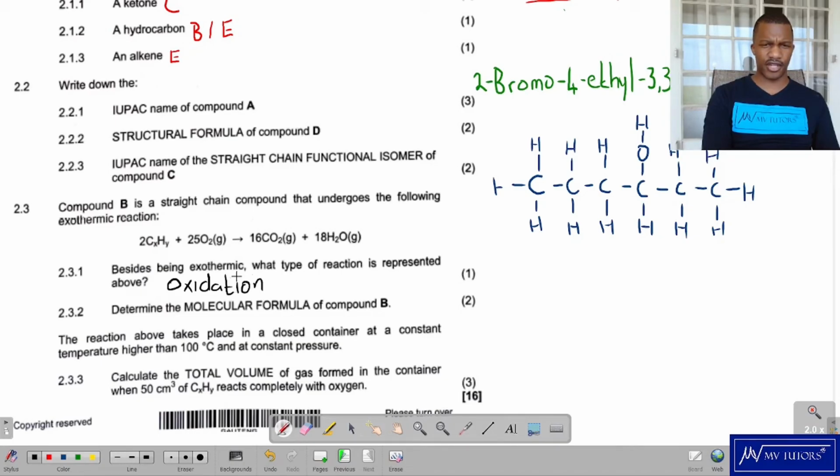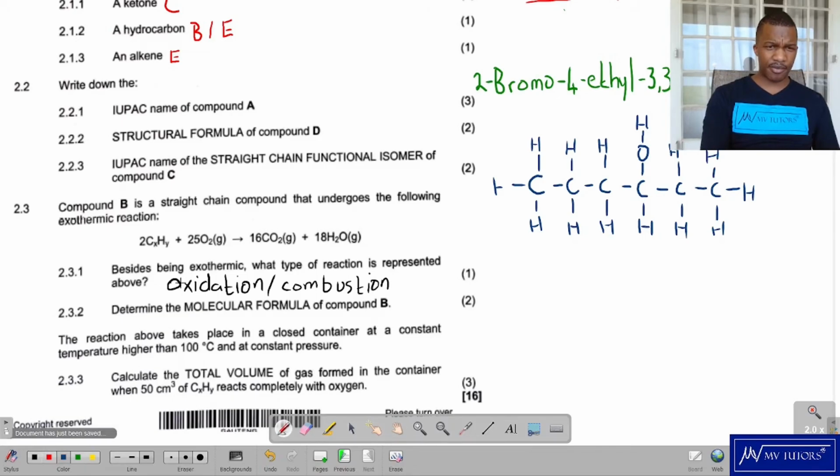That's what's happening here. It's oxidation, adding oxygen. Could also call it combustion if you want. It's up to you. Both are correct.